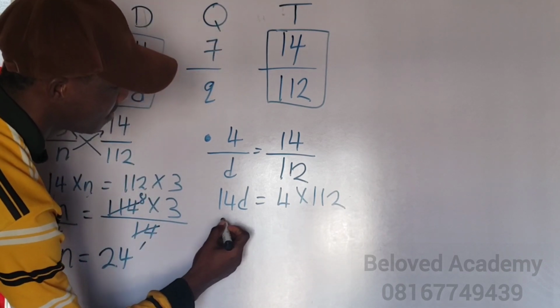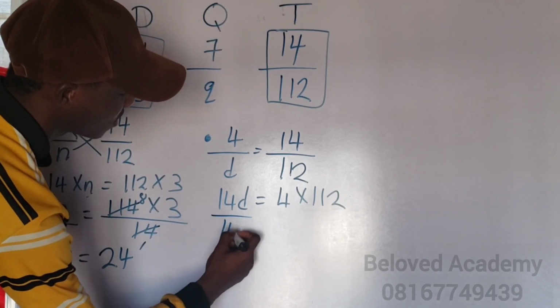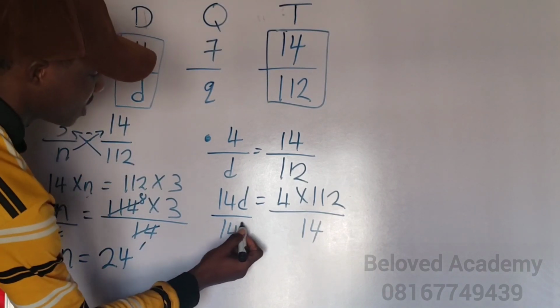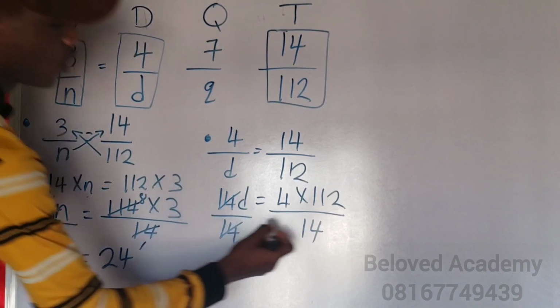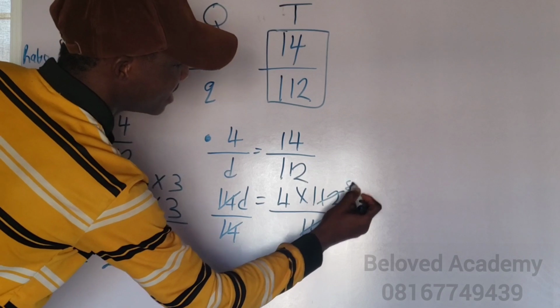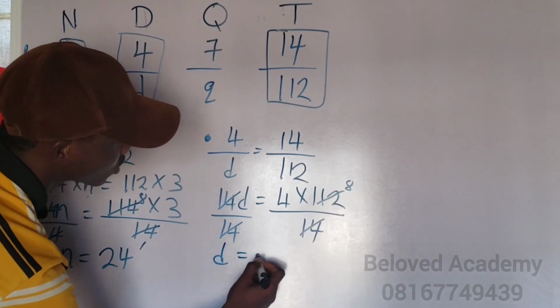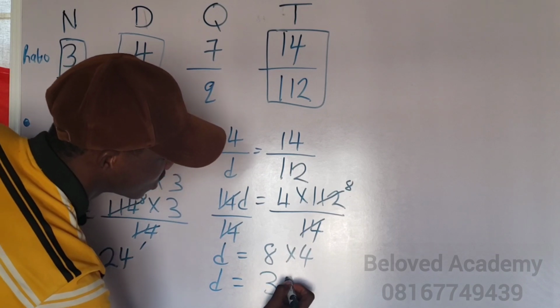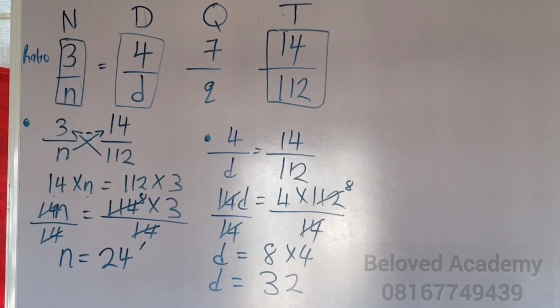So 14d, divide both sides by 14, okay? All over 14. This 14 will eliminate this 14. So this 14 here, 1, 112 here 8. So for this, I'm going to have d is equal to 8 multiplied by 4. d is equal to what? 32. Do you understand? So there are 32 dime coins in the jar.